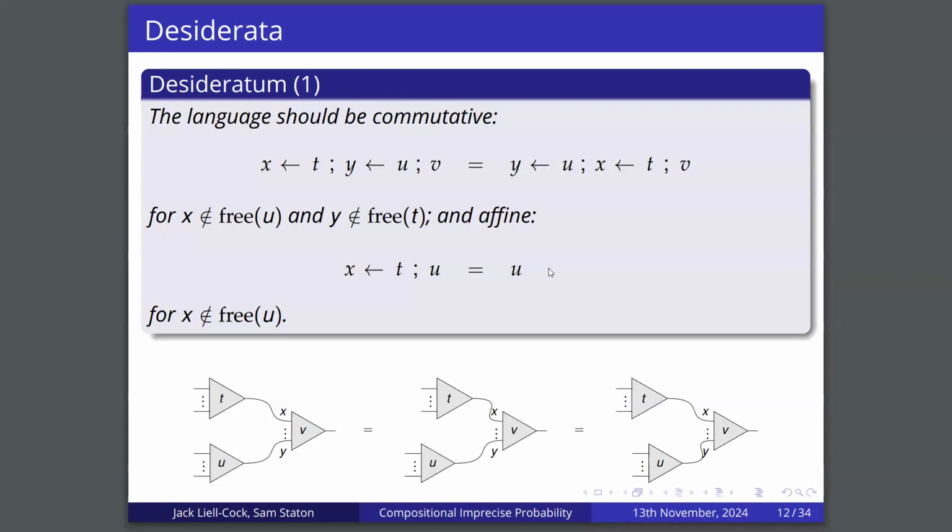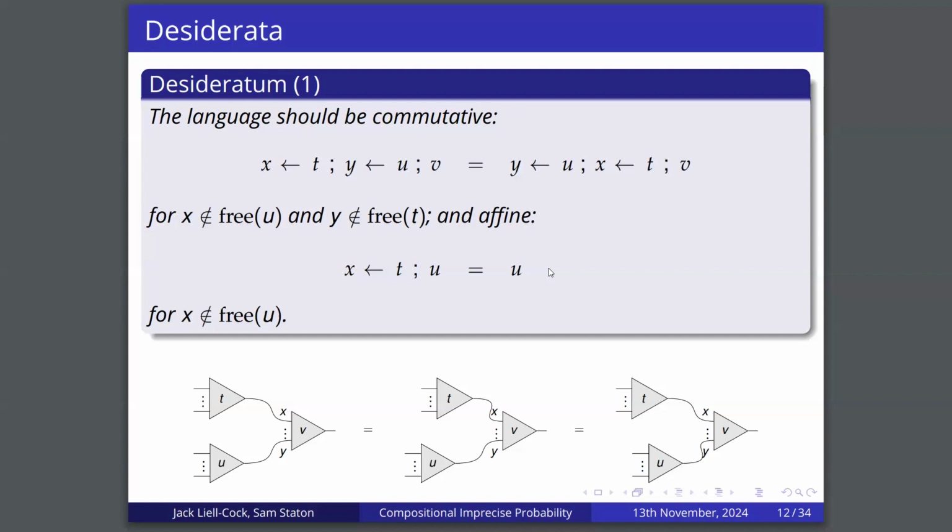This means that if we run some term T and bind the output to X, and then we continue with U, but U never mentions X in the first place, then it should be the same as just running U without having performed T and binding it to X. We can think of it as: we flip a coin and then never look at it again, and our model has no reference to it, so we didn't need to flip the coin in the first place.